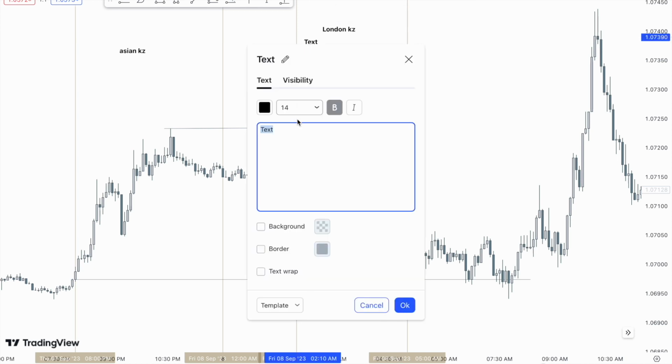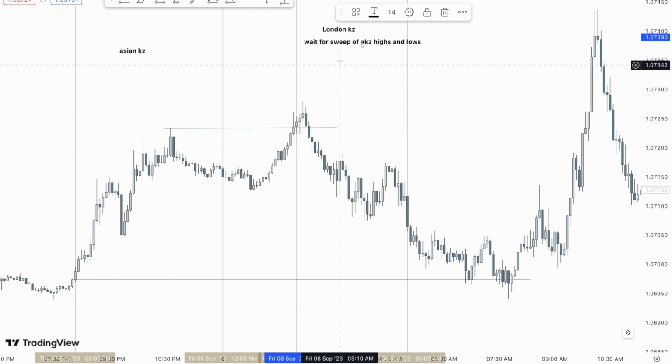The first thing you need to do is wait for a sweep of the Asian kill zone highs and lows. You can see that we got a sweep of the highs of the Asian kill zone at this point. So the first step is completed.